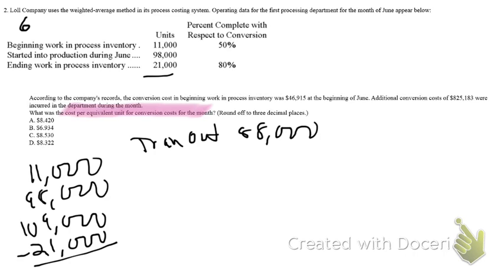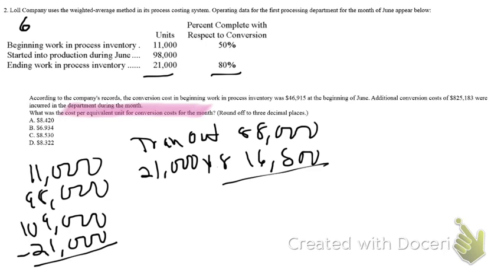Okay, now I have to worry about how many were left. How many were left were 21,000 at 80%. So I take the 21 grand at 80%, and that's 16,800. So the equivalent units is 104,800.